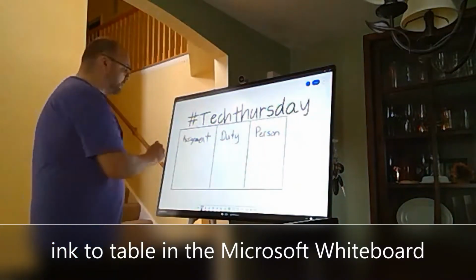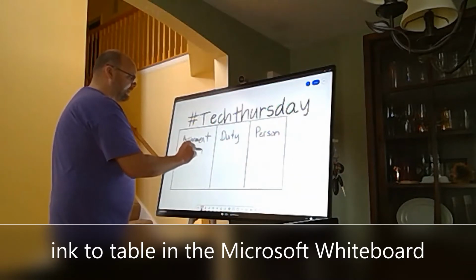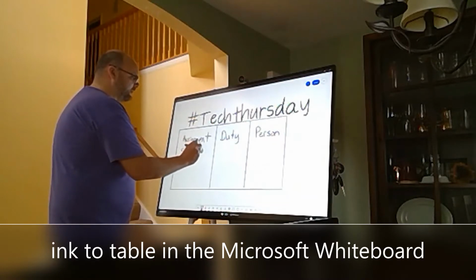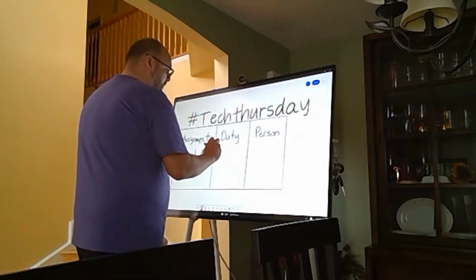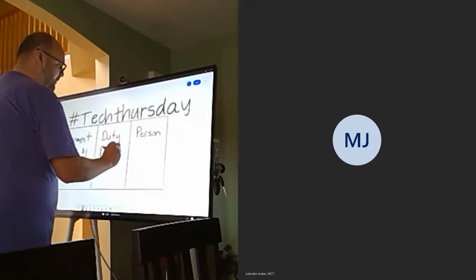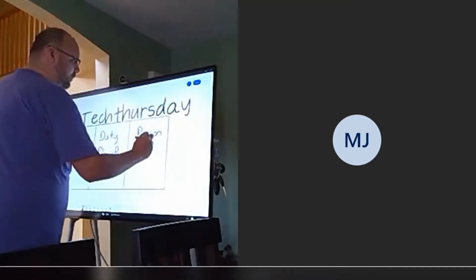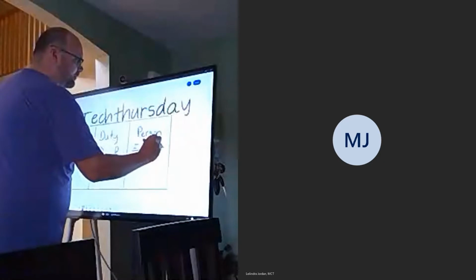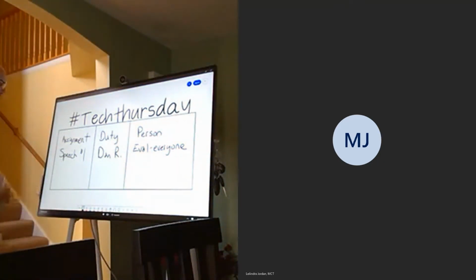And so speech number one, let's fix that. Speech number one is the duty of Dan Ray, and the evaluation will be from everyone. Notice how it moves with me as I put that in.